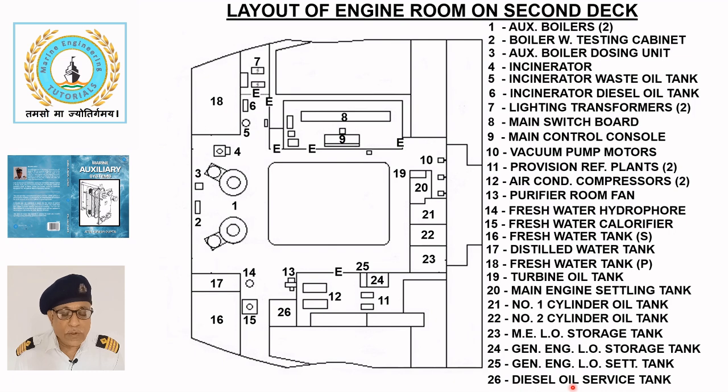Diesel oil service tank. The diesel oil service tank 26 supplies fuel to the main engine, generator engine, and boiler when the ship is operating in an emission control area. Diesel oil is also used as pilot fuel in gas engines and for pilot burners of the boiler and incinerator.